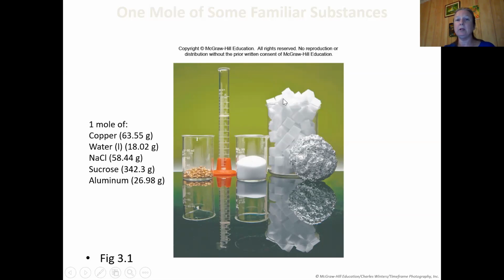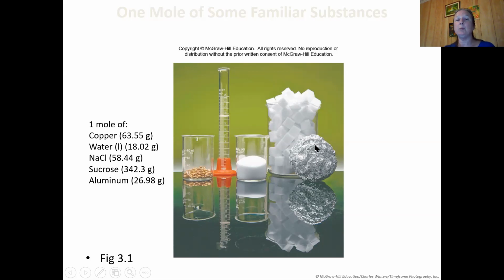Sucrose is a fairly large molecule compared to the others, and sure enough, look at how much space it takes up. Granted, there's air in there, but still, there's air in here too. So if I add up all the carbons and all the hydrogens and all the oxygens in sucrose, 1 molecule, I will get 342.3 grams, and that's what this weighs for 1 mole.